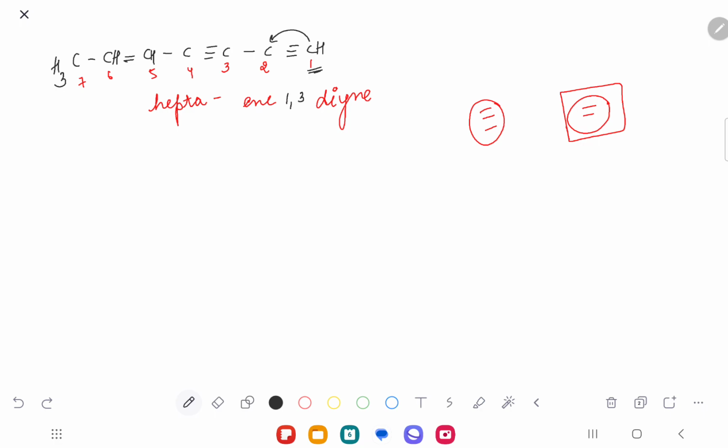The one with the most preference will be at the end. I have to show the nature of the compound. And ene is basically starting at 5 and ending at 6.